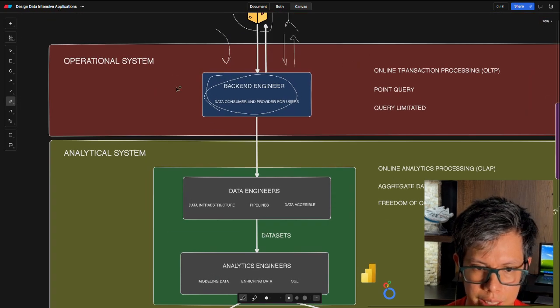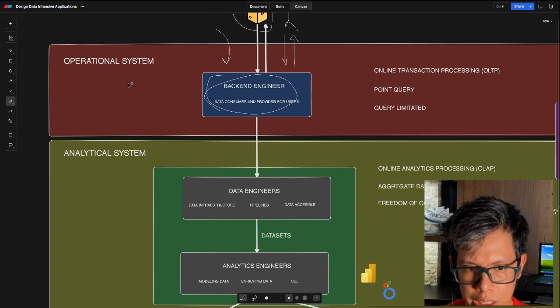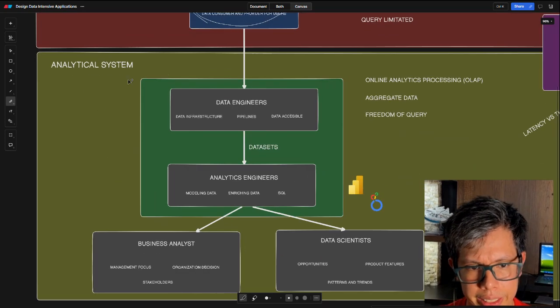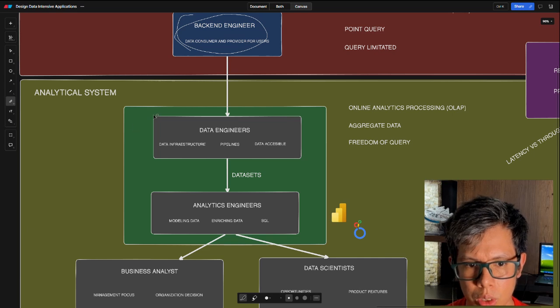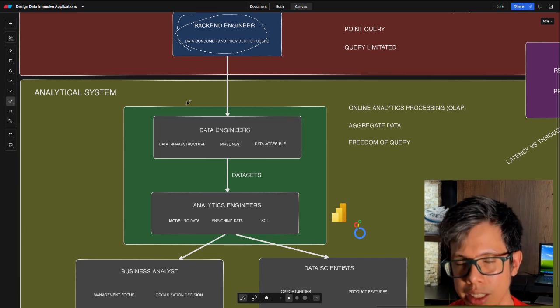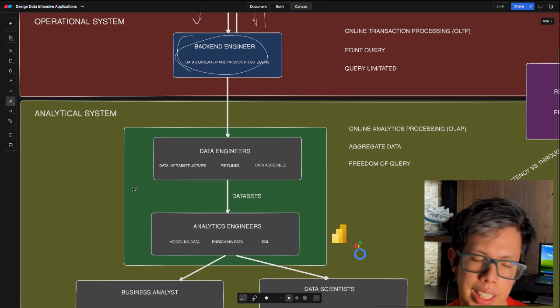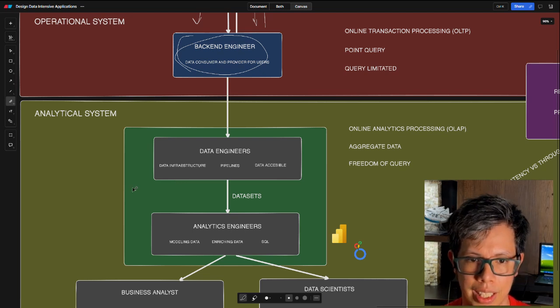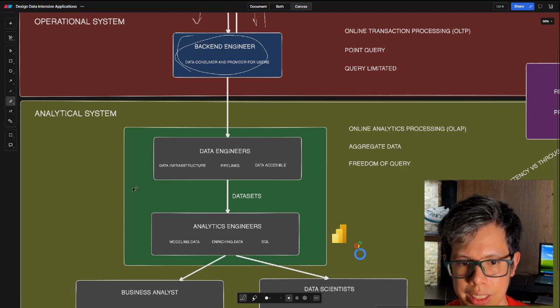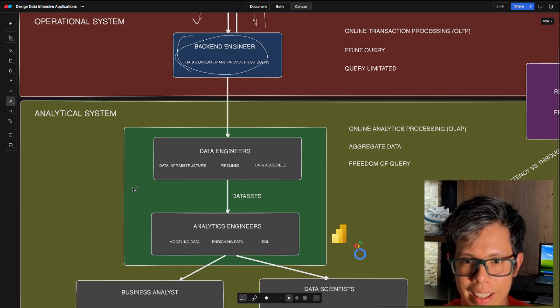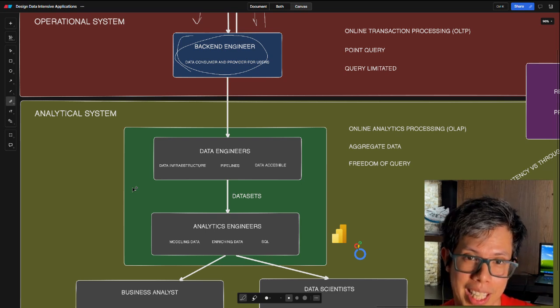Taking note that in this part the operational system continues manipulating the data, but in the analytical system, the idea is that it is not updated, in theory, because all the data here is only to be analyzed, right?